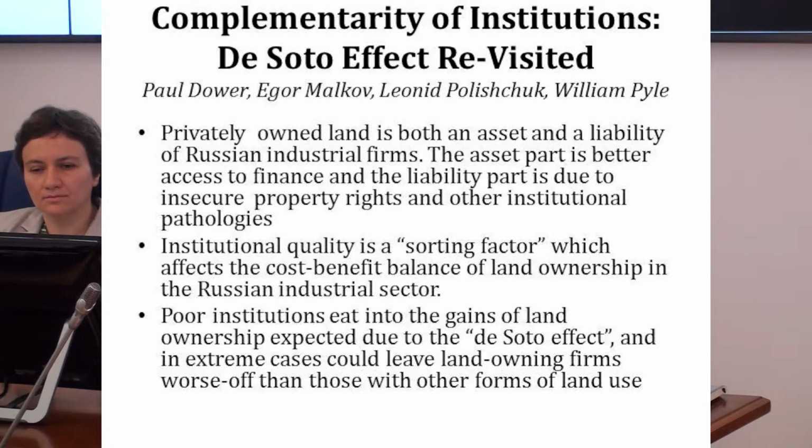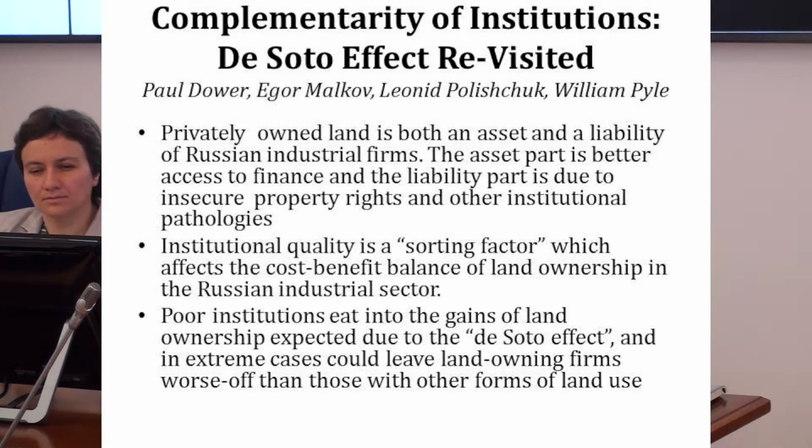But we argue that when institutions are poor, there are liabilities involved with land ownership. For example, a firm that owns its land becomes more attractive, and as a result, more susceptible to hostile activities, hostile takeovers, and so forth.